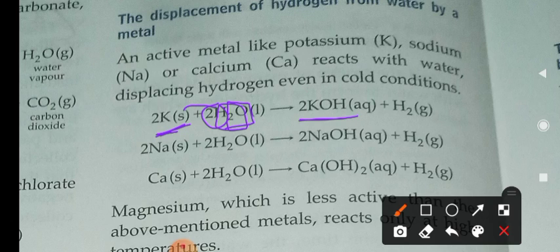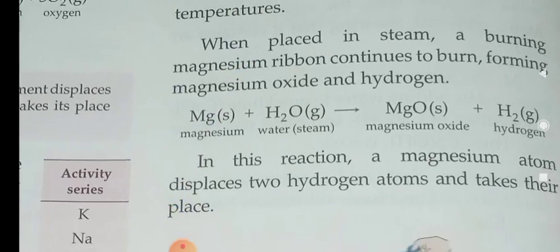Similarly, hydrogen's place is replaced by sodium. Instead of hydrogen, what combines with OH here? The sodium combines, so NaOH is formed. So when one element replaces another element, that is called a displacement reaction. Did we understand, children? Here are some more examples.